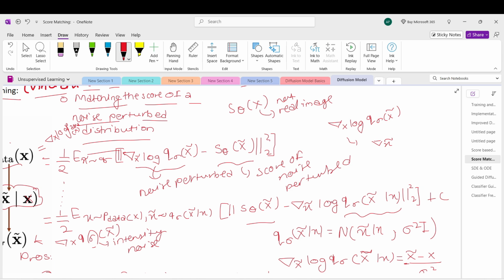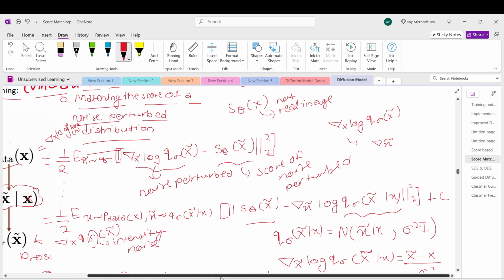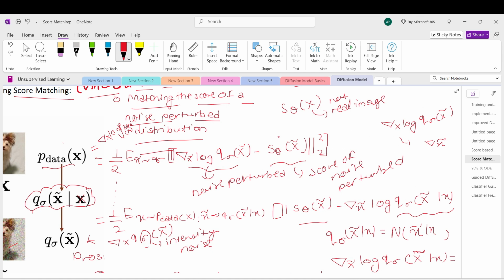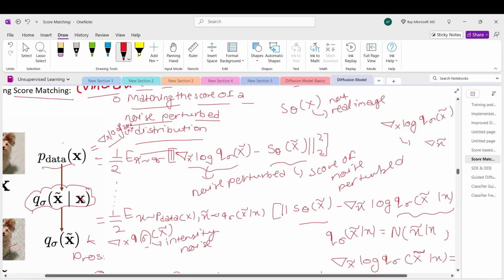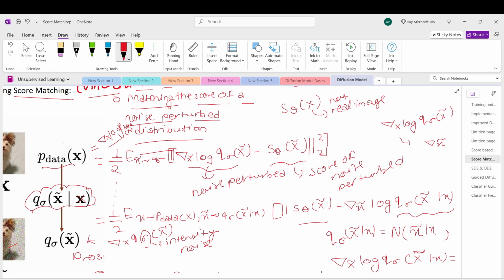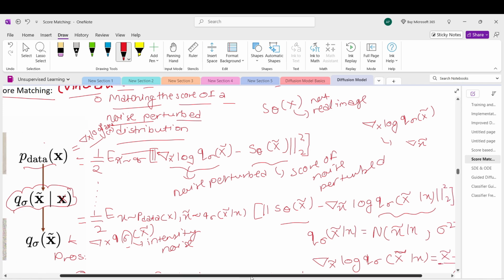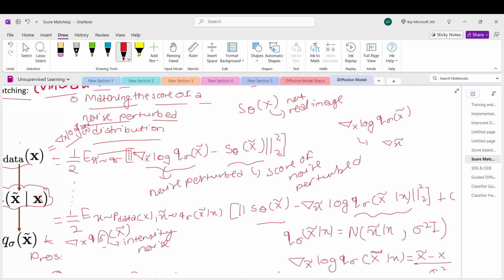We get rid of many challenges. First of all, we don't have the gradient of the log of p_data of x. We tried to solve it using the trace of Jacobians, and the trace of Jacobians is also hard. In this denoising score matching, we simplify and are just left with this kernel.